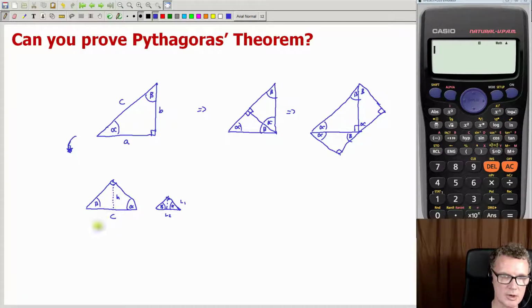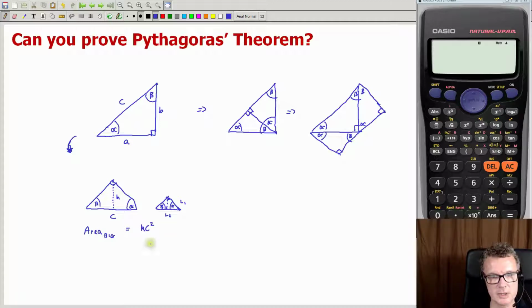So for this triangle, which is the big one, the area of the big one is going to be the base times the height, which is dependent upon C by some proportion. So I'll call that constant K. So it becomes KC squared.